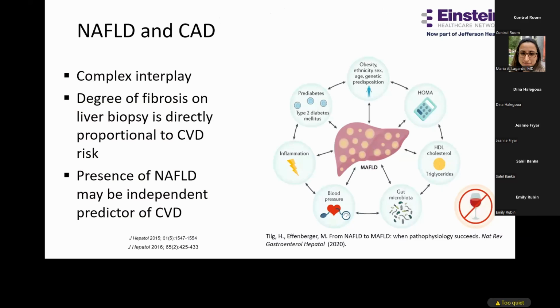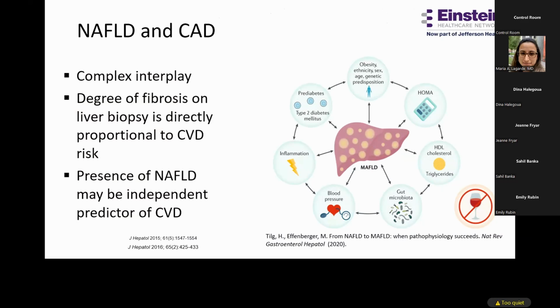Now, fatty liver disease and coronary artery disease or cardiovascular risk is a very complex interplay of various factors. There's the diabetes, there's obesity, of course, high cholesterol, high blood pressure. All of this goes around an inflammatory process. There's inflammation in the liver, and this can cause problems in other organs, essentially.